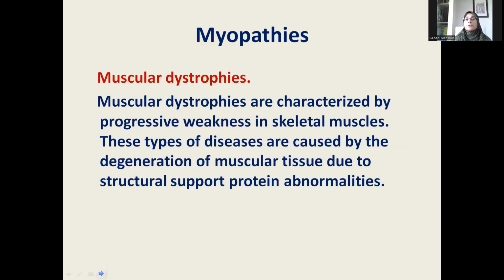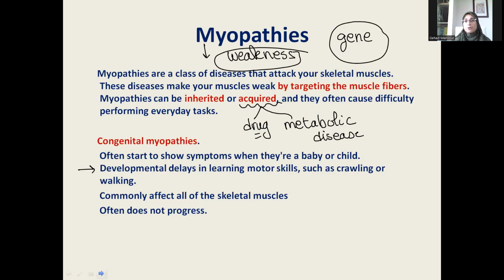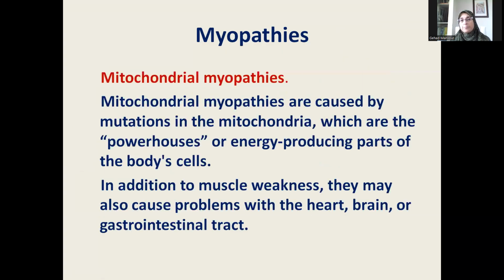And now come muscular dystrophies. The main difference between muscular dystrophies and myopathies is that dystrophies are mainly progressive, meaning that their intensity increases with time. We have seen in congenital myopathies that they are stable throughout life.